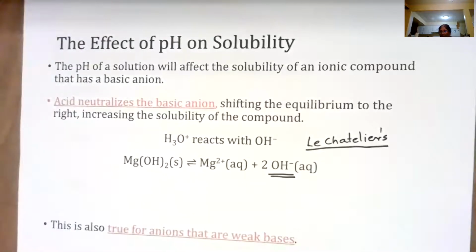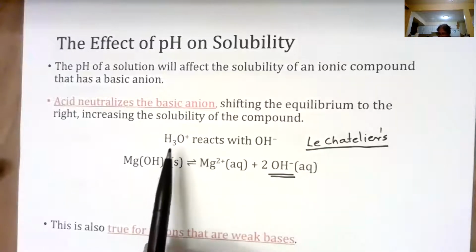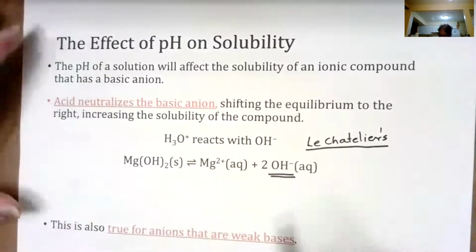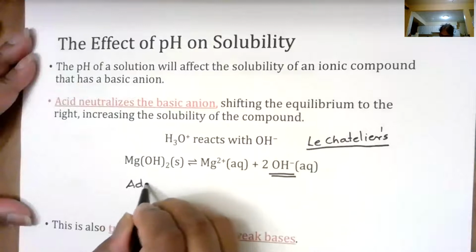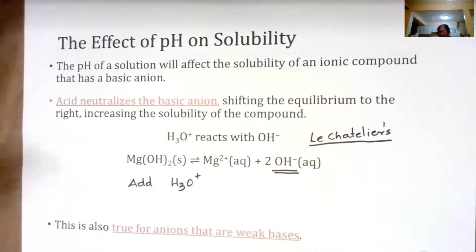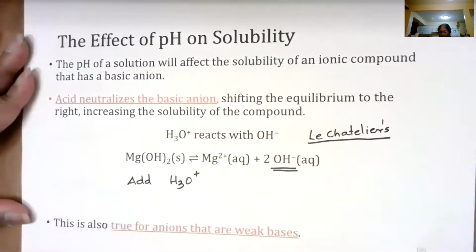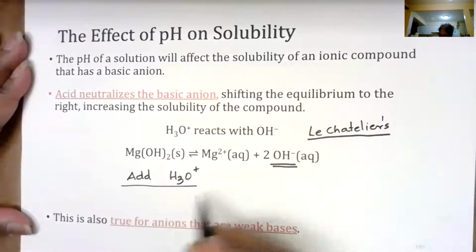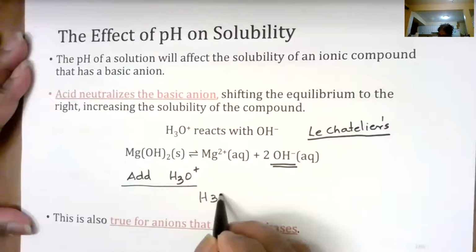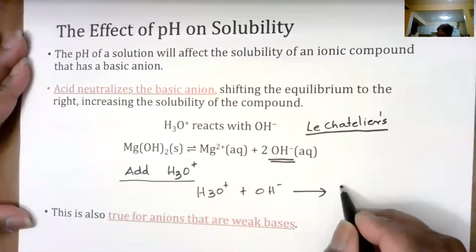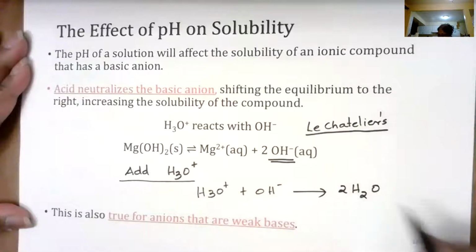And what you did there was you add an acid. When you add an acid, let's say HCl, it could be H3O+ and Cl-. The H3O+ will react with OH-. You will produce 2 molecules of water.